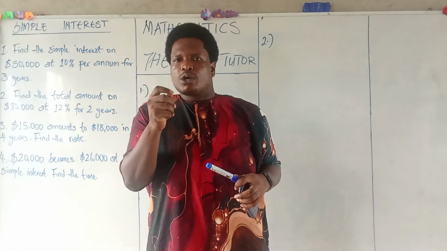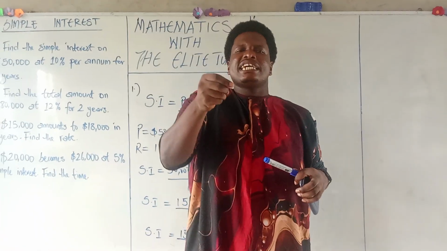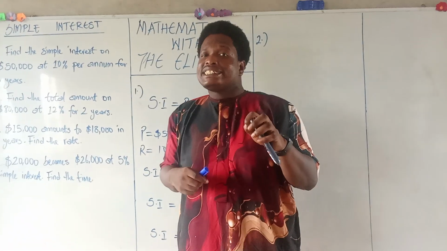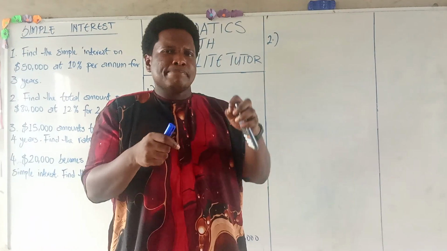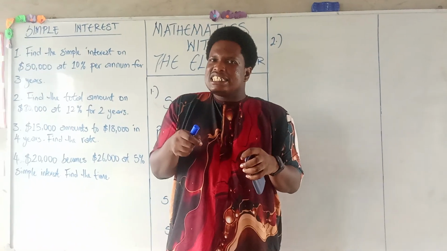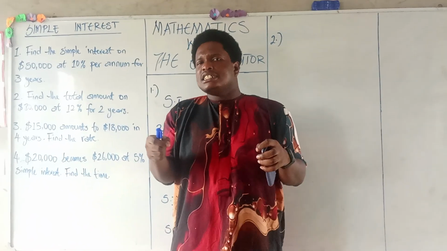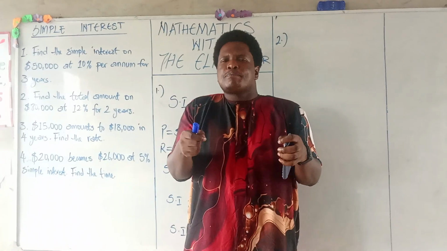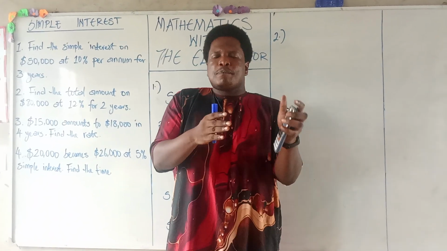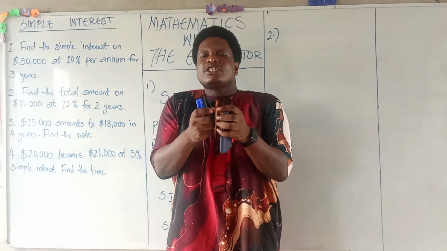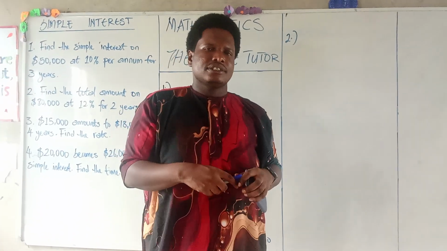I want you to note something: you cannot ascertain the amount without ascertaining the simple interest. And this is the reason: your amount comprises your principal and your interest. So your principal plus your interest makes up the total amount.